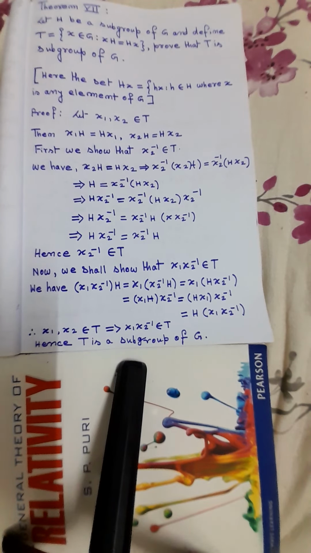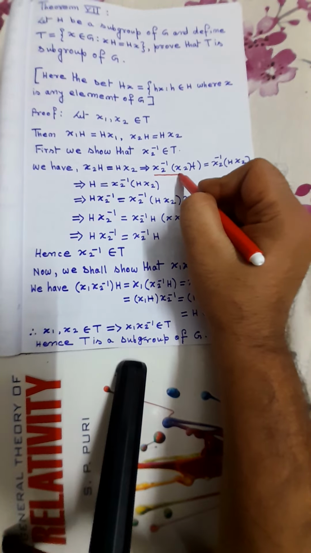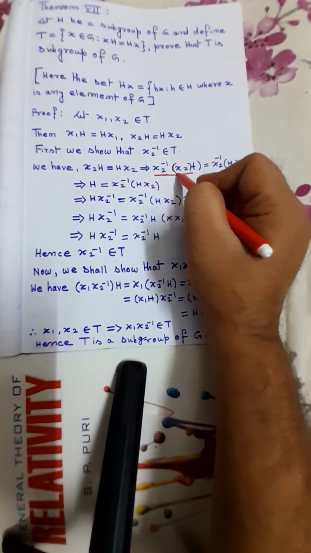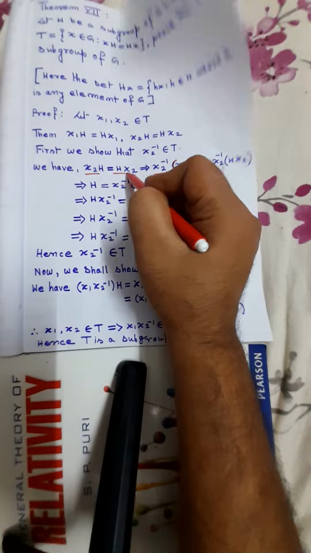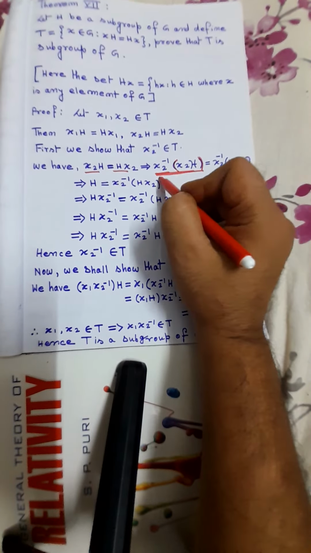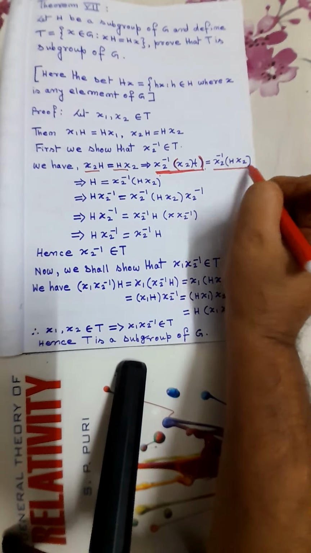First we show that x2 inverse belongs to T. We have x2 H equals H x2. Taking x2 inverse on the left side, we can write x2 inverse x2 h equals x2 inverse h x2.